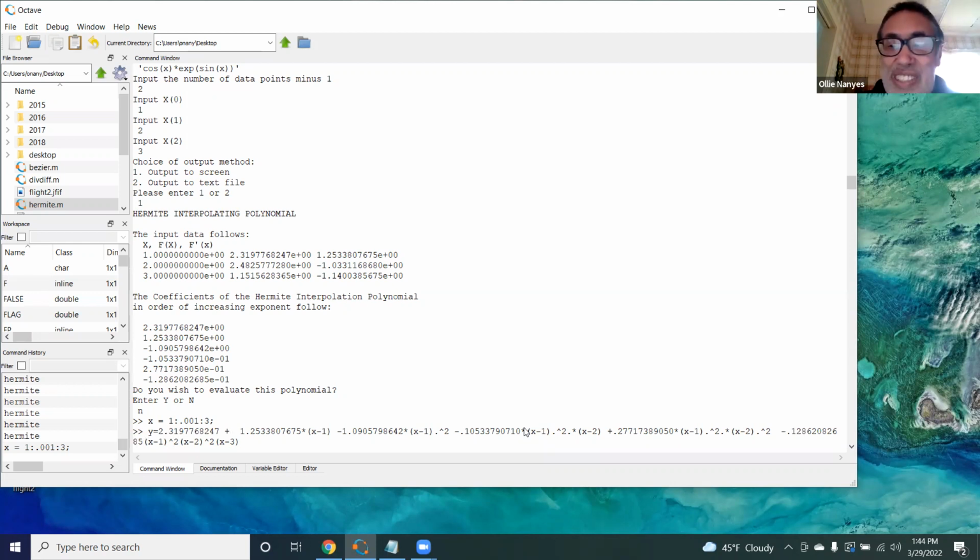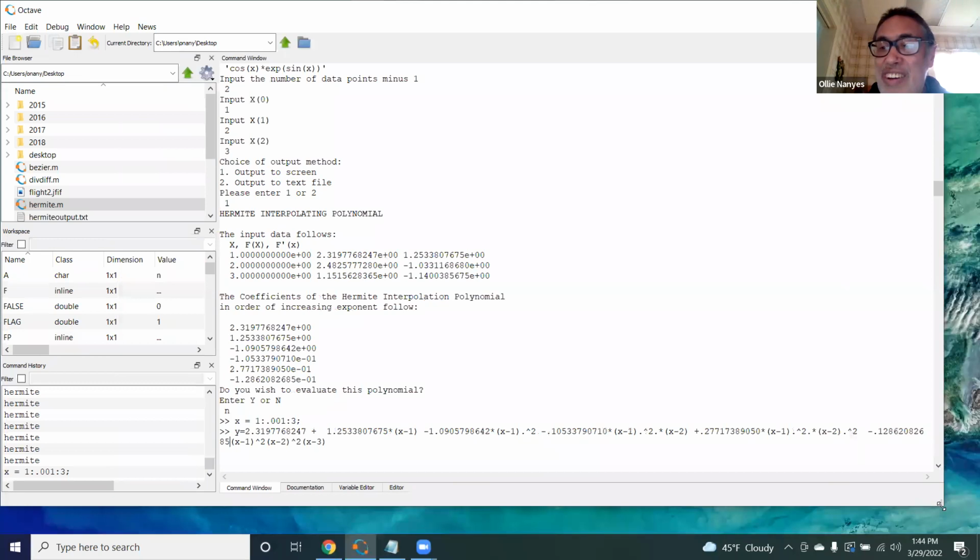Let's just expand this to make sure. Yeah, okay, that's fine. So I have to make sure this is a multiply, this is an exponentiation, and this has to be a multiply.